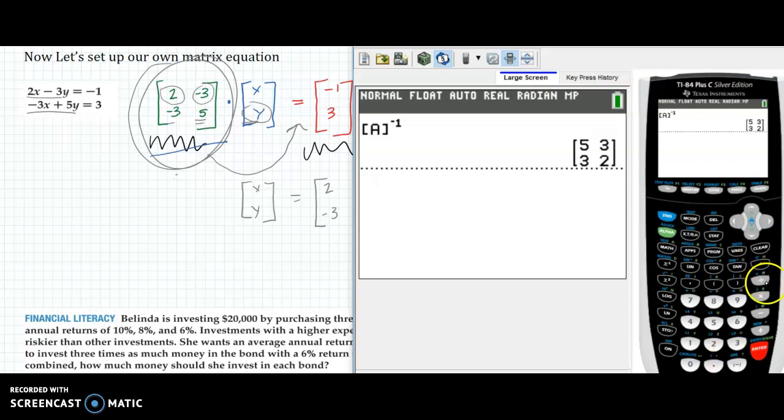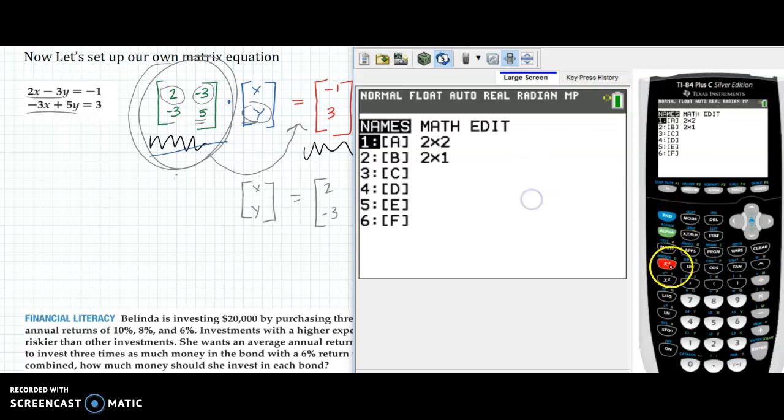But you're going to take the inverse of matrix A and you're going to multiply it. So go second matrix again.